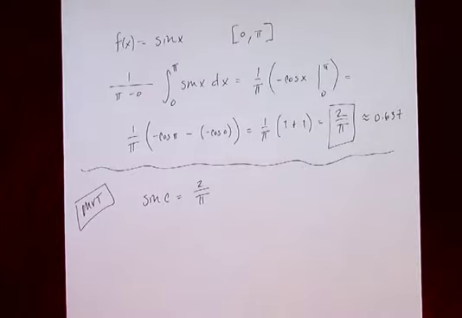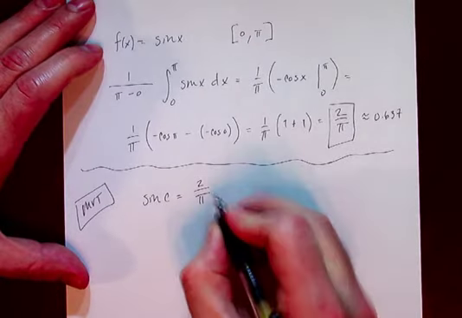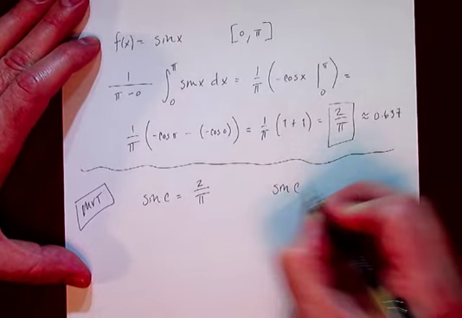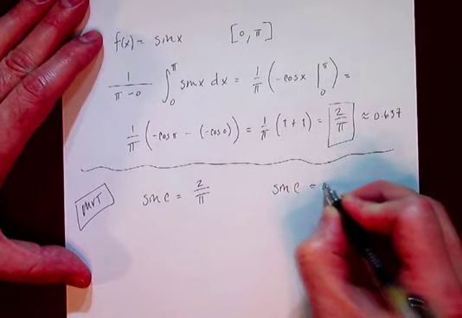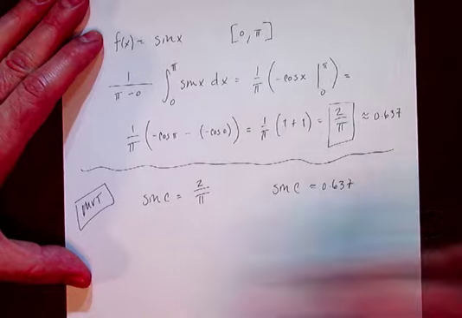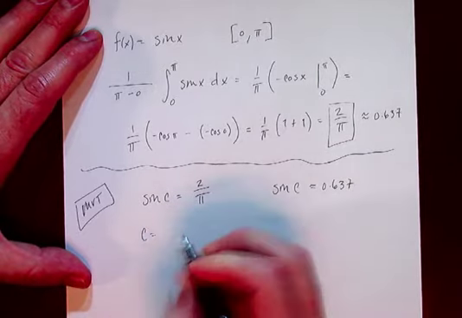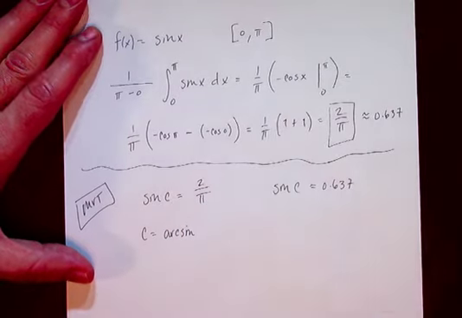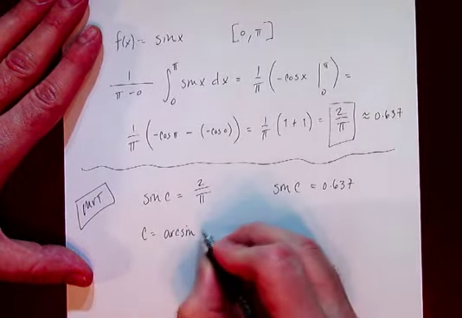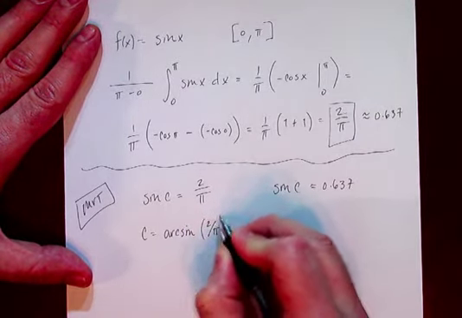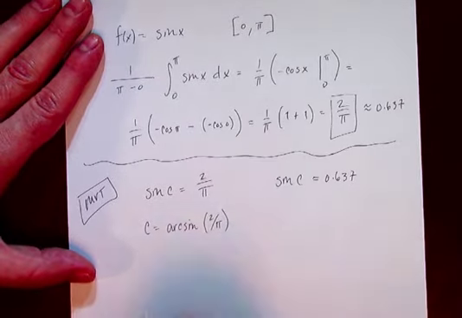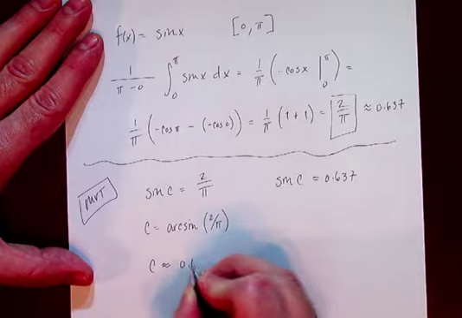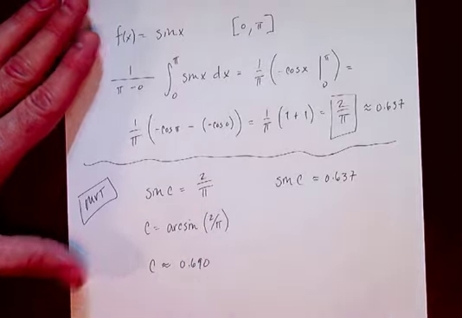Of course this is a decimal approximation: sine of c is equal to 0.637. But I want to plug it into my calculator. And of course, your calculator doesn't say arc sine, it says inverse sine. But I want to plug it into my calculator with the exact value. And when I do that, I am given 0.690 as a value, okay?